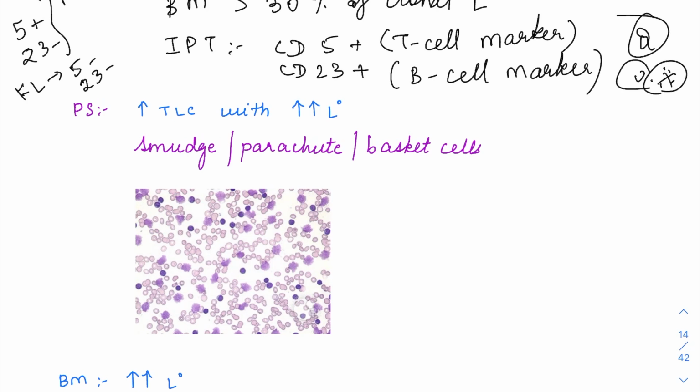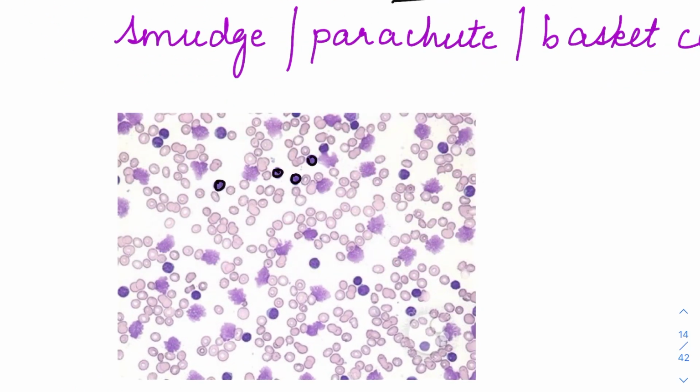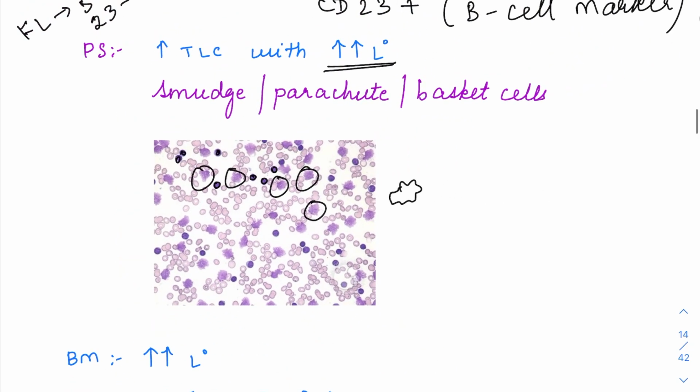In the peripheral smear, there is going to be increased leukocytosis, and in the DLC, it is going to be the mature lymphocytes which are going to be seen, with an increased number of lymphocytes. And apart from that, you see, these are all the mature lymphocytes which we are seeing. What are these other cells which we are seeing? They have something like a leaf like this, right? A smudged kind of appearance.